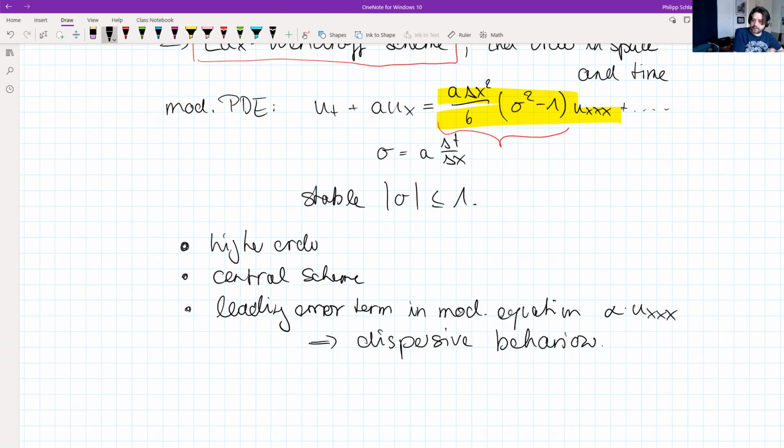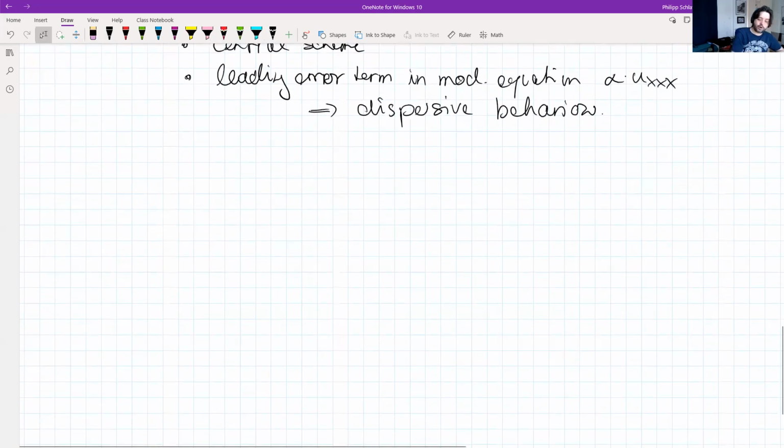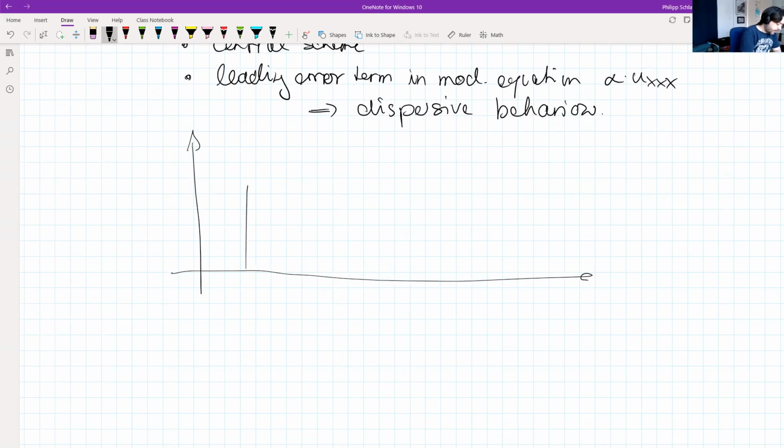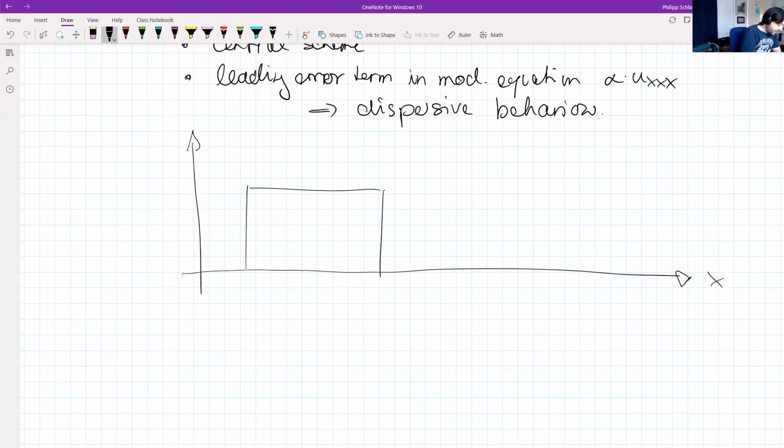We will talk about that in more detail later. For now, I would just like to show you how a dispersive behavior looks, because that's something that we will then see also in my MATLAB demonstration. So we do the same example as I had before. If this is my initial condition, and I just let this one move, then at a later stage that would be the exact solution.